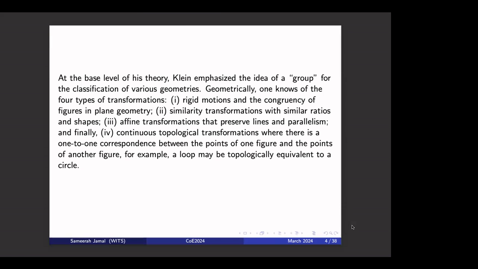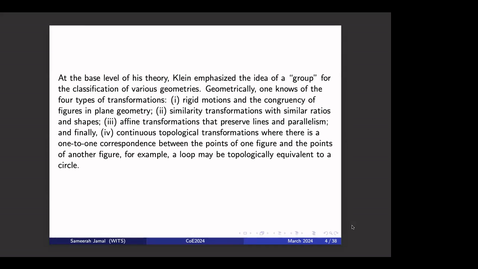We all have these familiar ideas of geometries, and some of the familiar transformations that the average person has encountered would be the rigid motions and the congruency of figures in plane geometry, and the similarity transformations, which are of importance in what I do, with similar ratios and shapes.